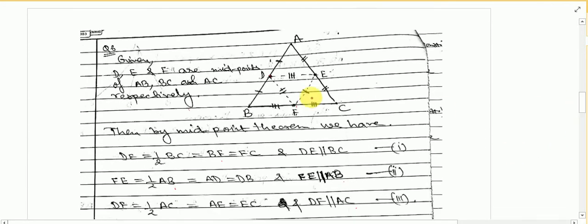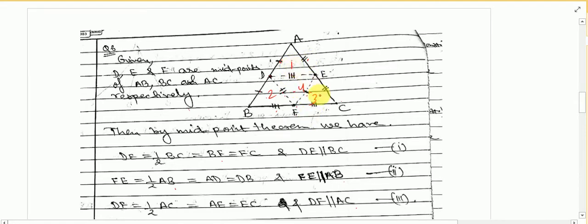So here, after labeling 1, 2, 3, 4, I was trying to explain that for 1 and 2, if you compare, this side is equal to this one, and this one is equal to this one, so side, side, side. Same way if you compare 1 and 4, again you get this side is equal to this, this is common, and this is equal to this.